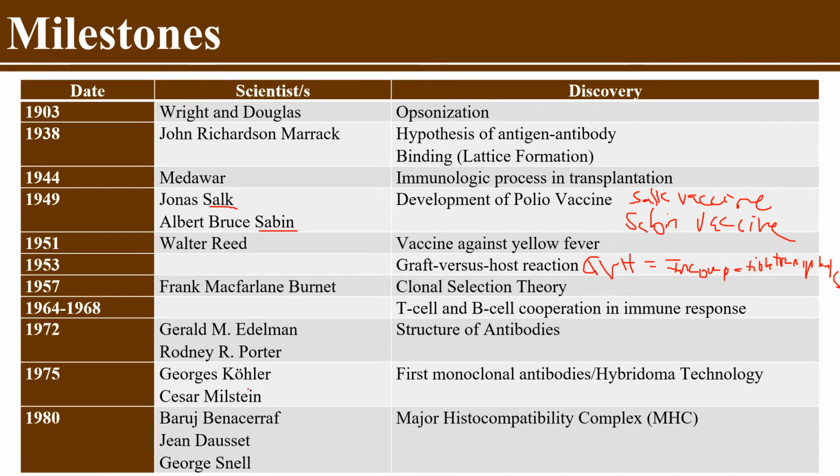Then 1975, Georges Köhler and César Milstein would develop the first monoclonal antibodies, hybridoma technology. Then in 1980, we have Baruj Benacerraf, Jean Dausset, and George Snell, which would develop the major histocompatibility complex, which is now being used in transplants class.